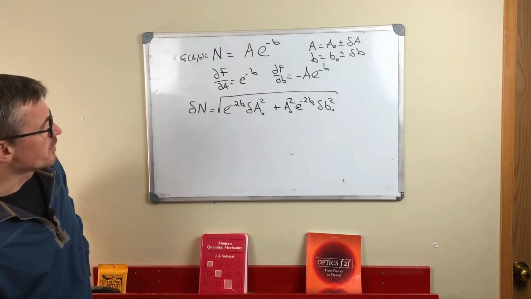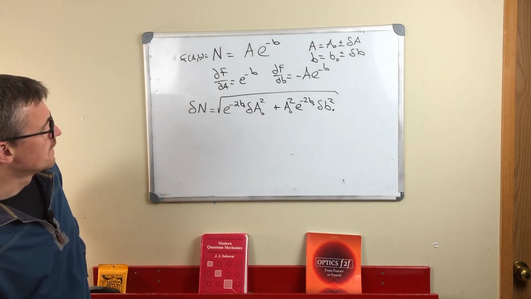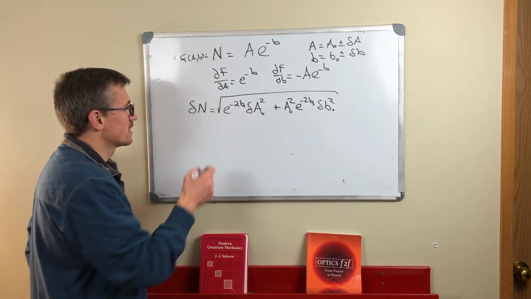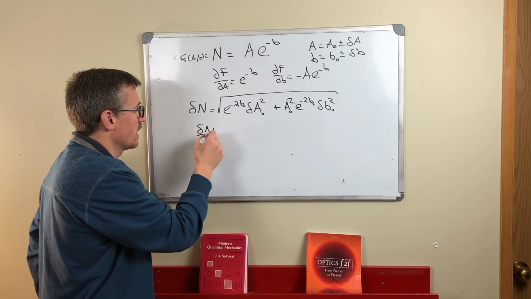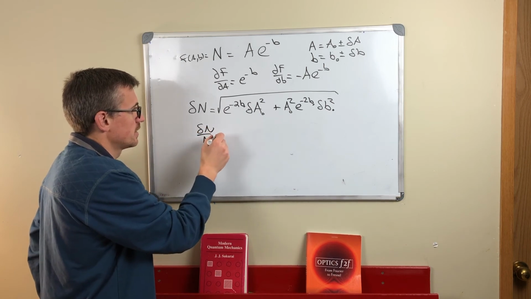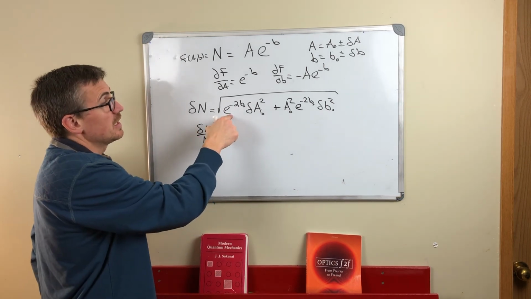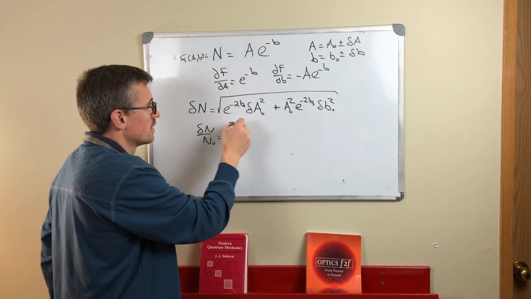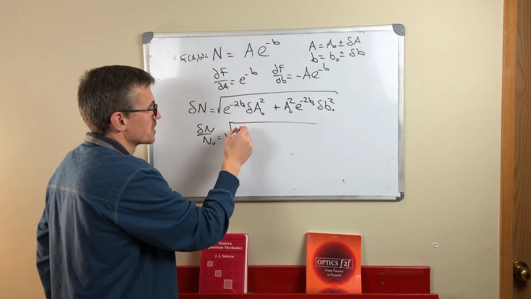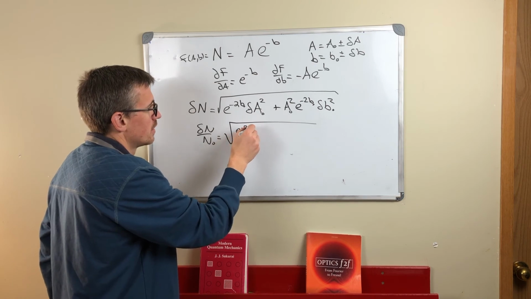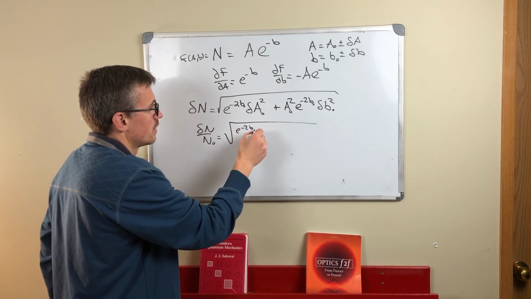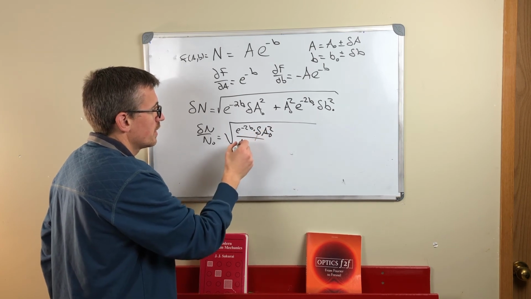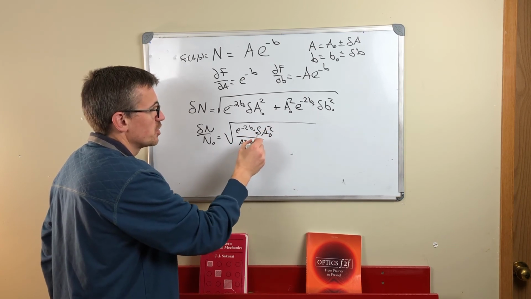Would it be simpler if we did relative uncertainty? I actually don't know. Let's try. Delta n over n naught is equal to, what are we going to get? A e to the minus 2b in each case. I think we'll simplify. Delta a naught squared over a naught squared e to the minus 2b.